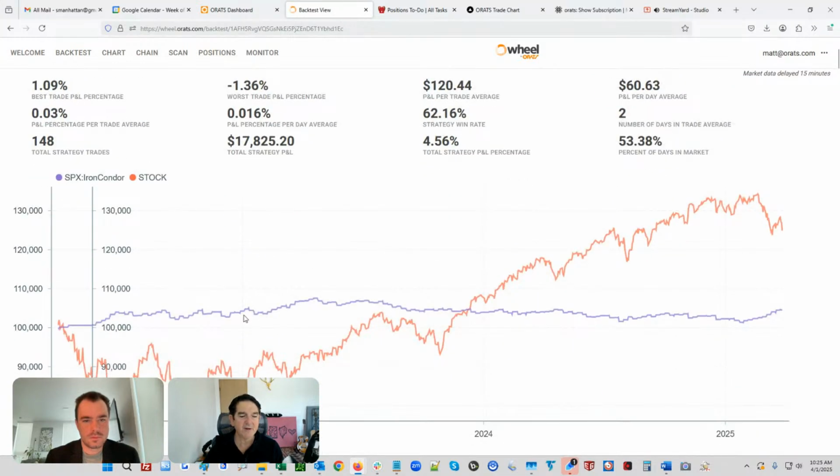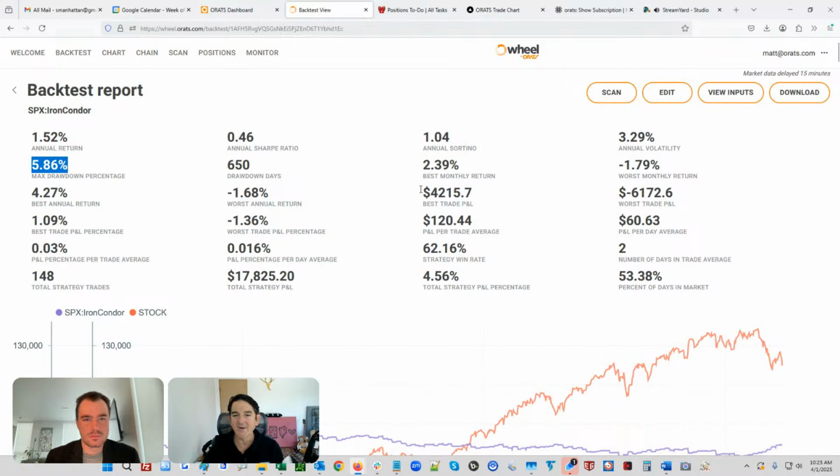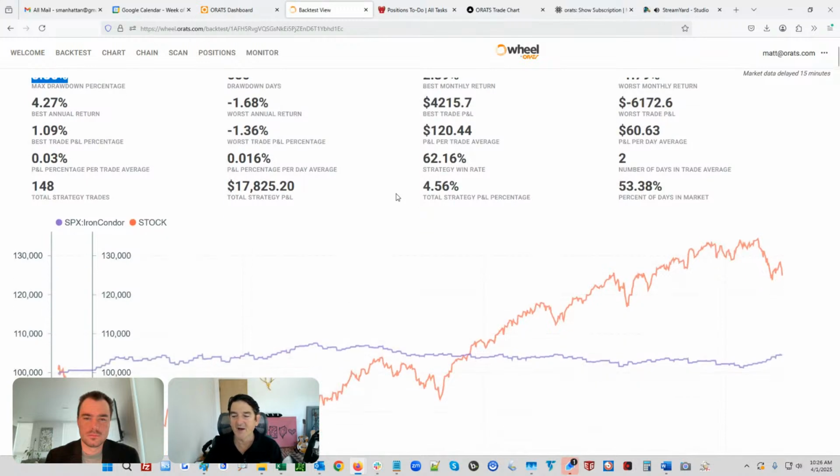So here's how the strategy did, okay. I mean, we haven't really optimized, this is just kind of a starting point for people to start to test how they want to do a double diagonal, because there are so many different things that you could adjust, a lot of moving parts here.